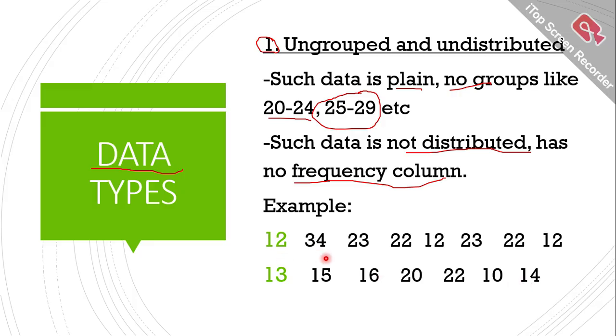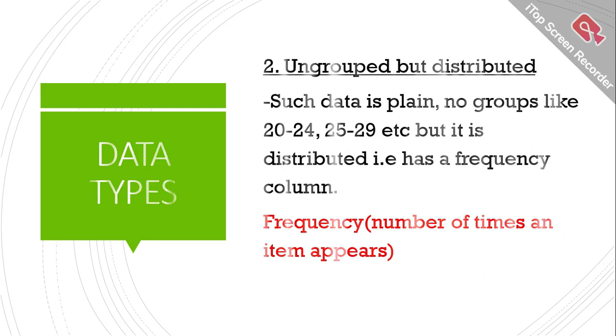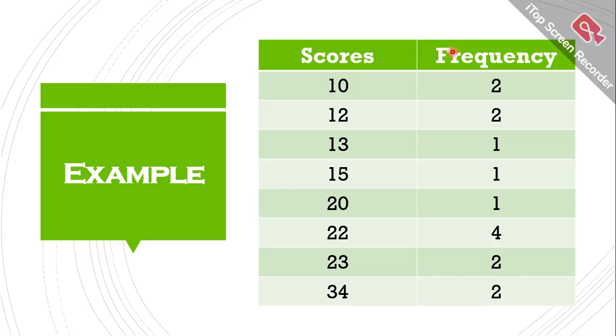Because from this ungrouped and undistributed data, I can get the next kind of data, ungrouped but distributed. So for example, you can come here and see. Now what we are calling distribution is this column of frequency. I believe we've copied the other values. If you have not copied them, please go back a minute and copy those values.